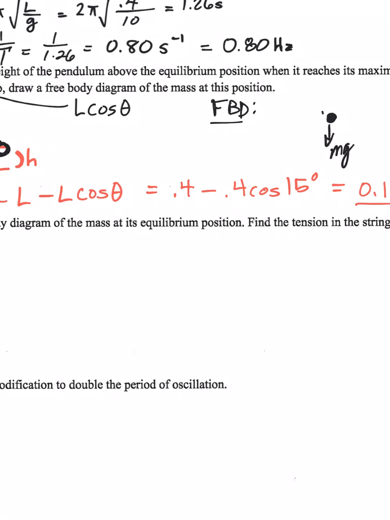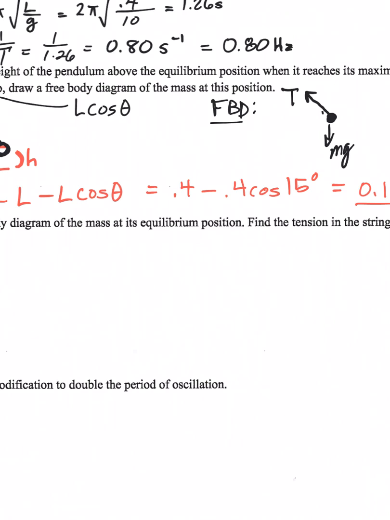What else? Does it have to be a tension force? Yes, it's connected to a string, so it has to be a tension force this way, doesn't it? Is there anything else acting on this? I can't think of anything, can you? No. It's not in motion. It's just sitting there. So no.